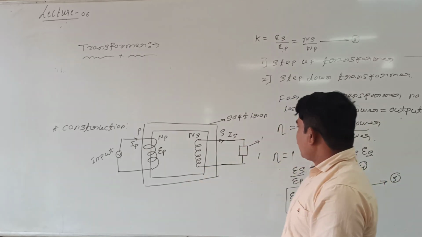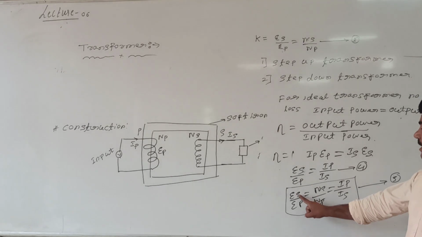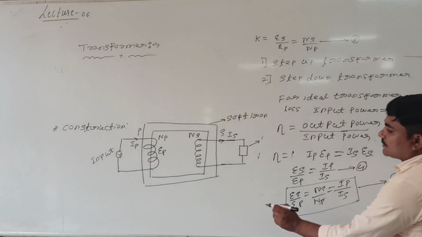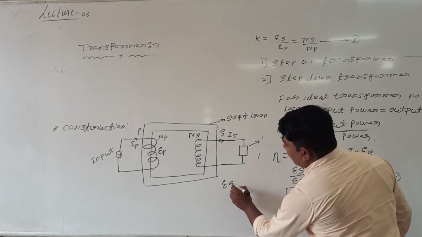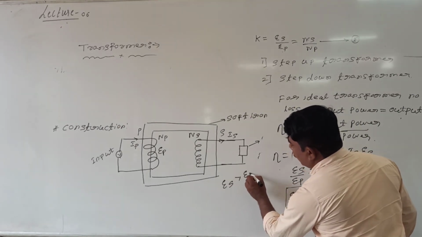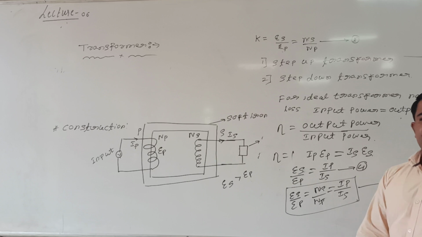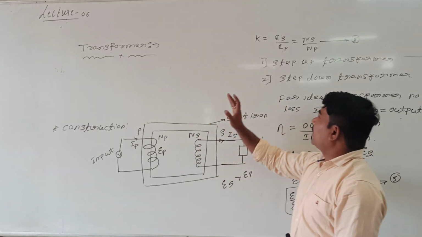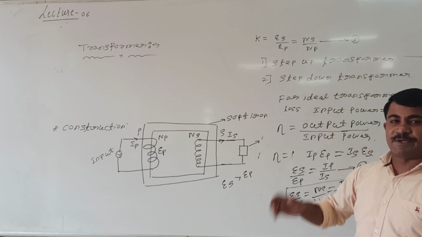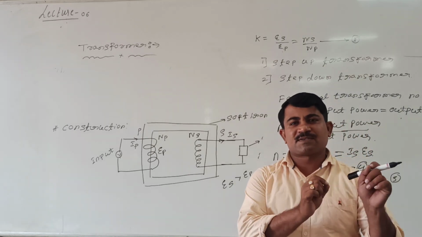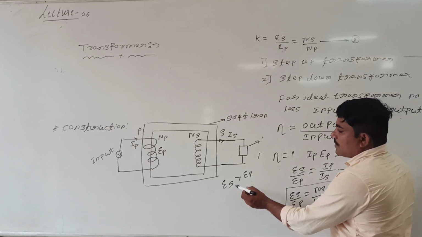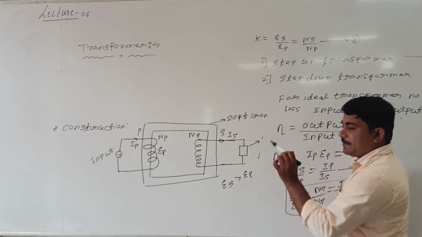If the voltage in the secondary coil is greater than the voltage in the primary coil, then such a transformer is said to be a step up transformer. For a step up transformer, the condition is ES must be greater than EP.